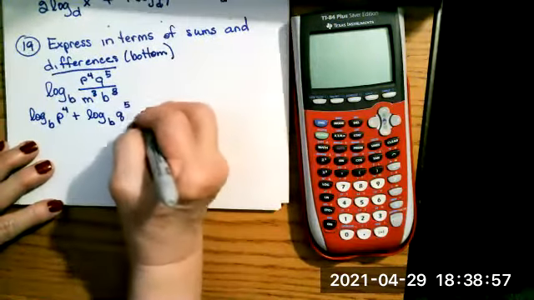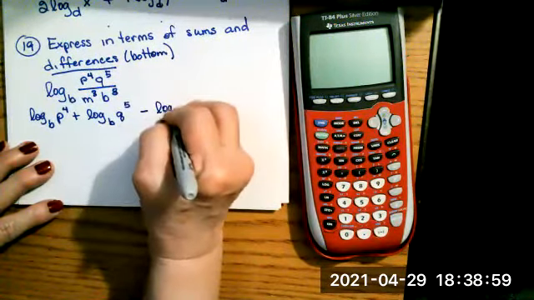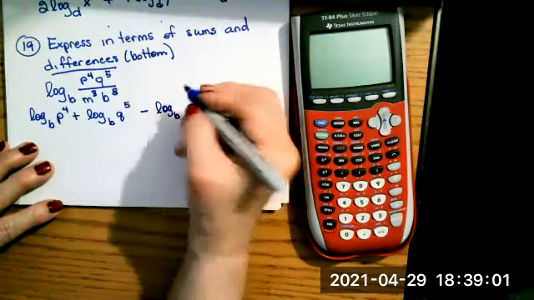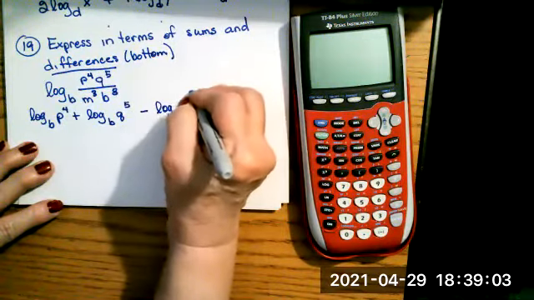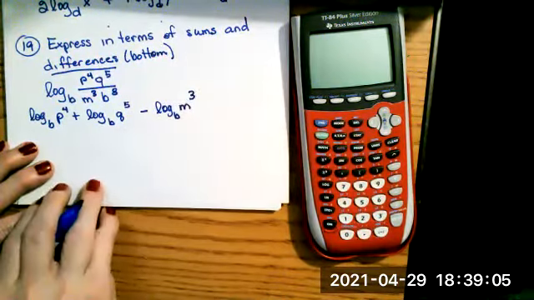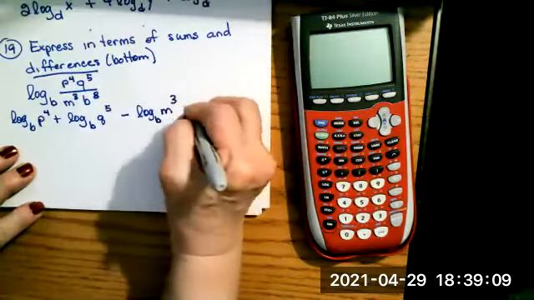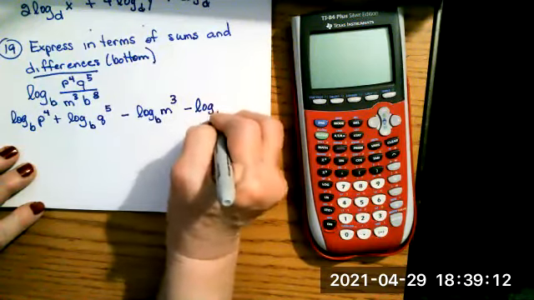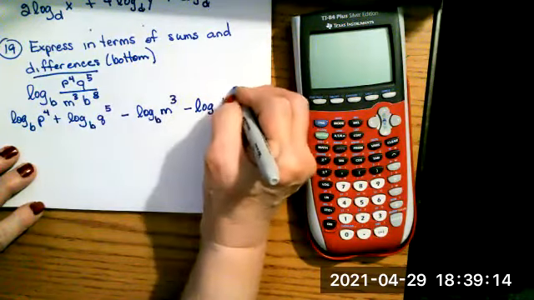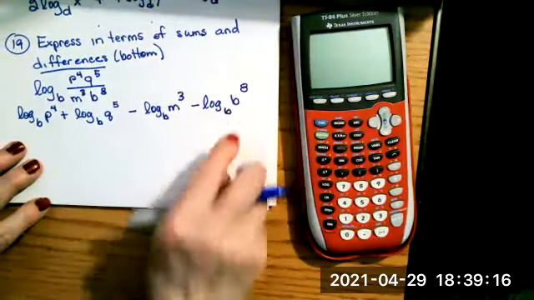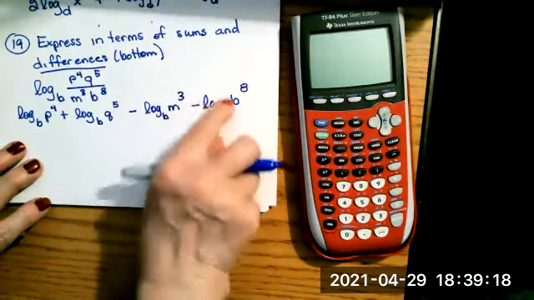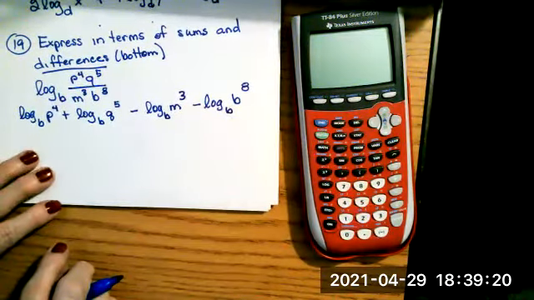So it would be minus log base b of m to the 3rd. I'll try to write it bigger so you can see it. And then it's minus log base b of b to the 8th. Now look at that. That's that rule we used earlier. So we're going to end up with just 8 on that one.